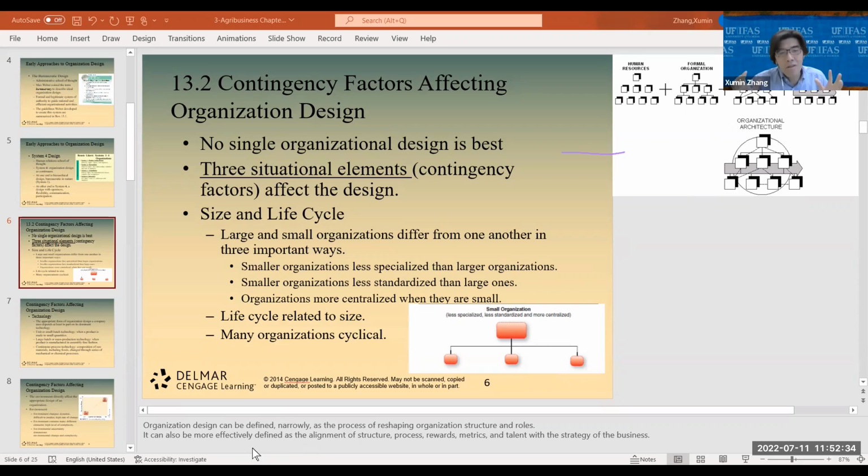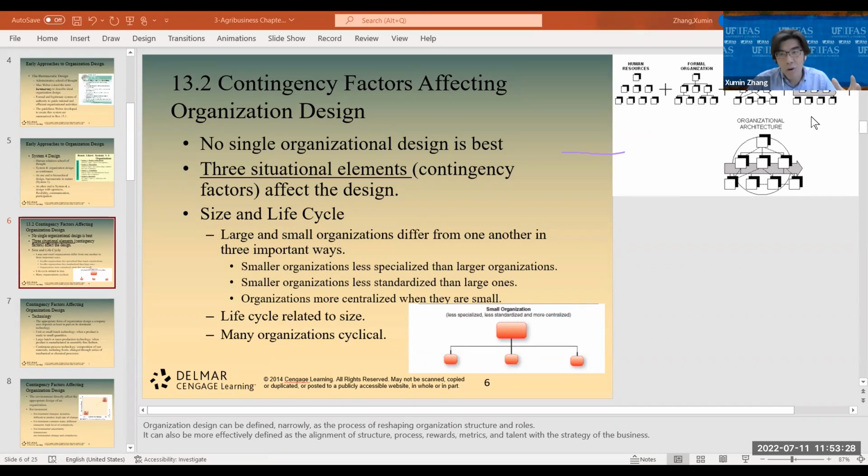It can be defined as the alignment of the structure itself, the systematic processes within the organization, the reward system, the motivation system, performance measurement, and human development.